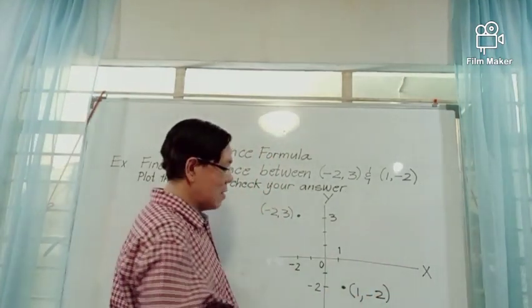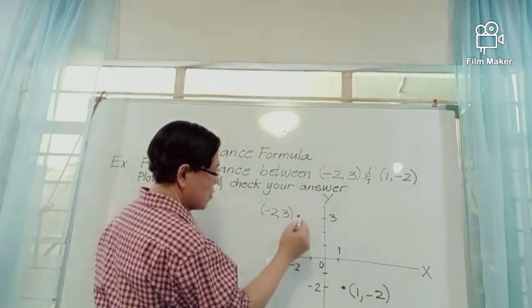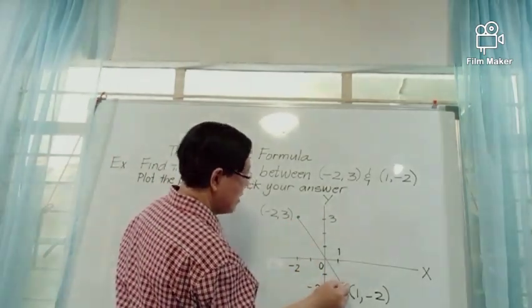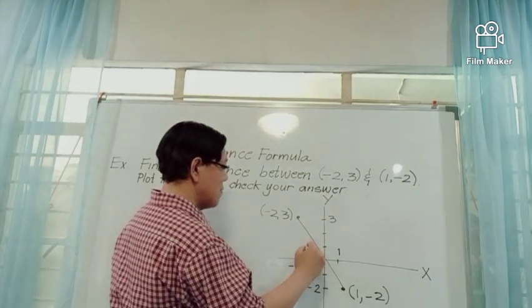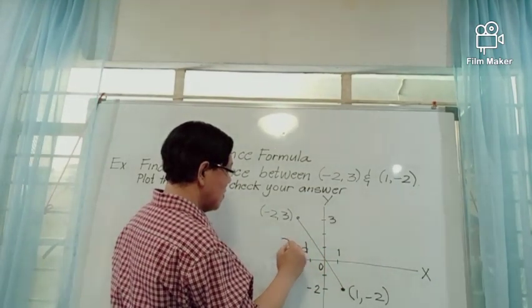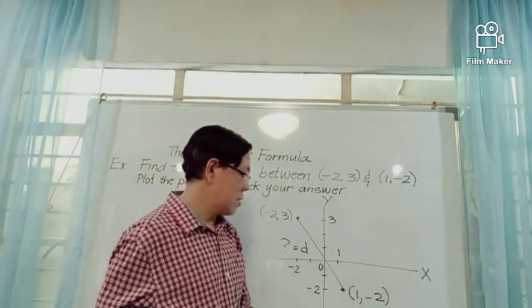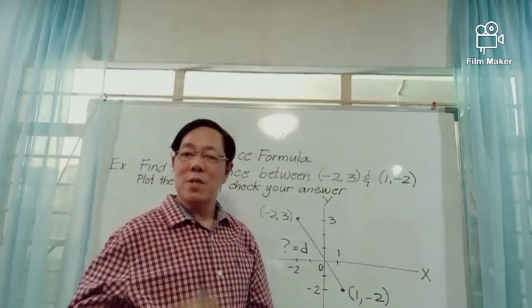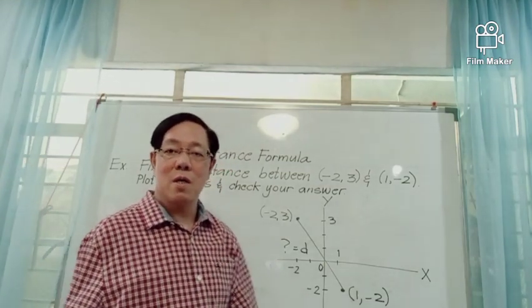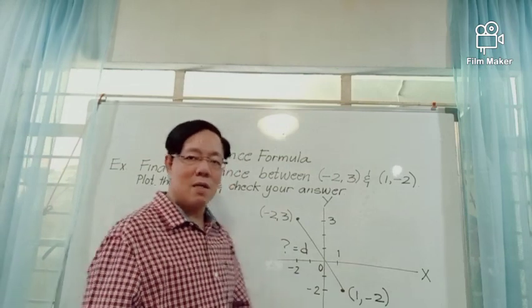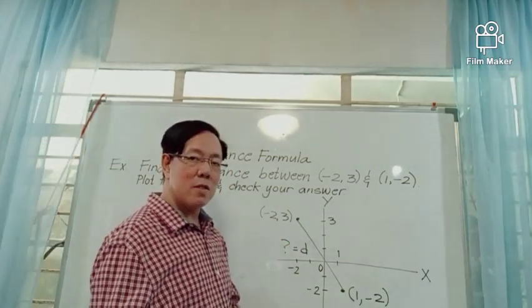And we want the distance between these 2 given points. We connect them with this straight line. And we find the distance between these 2 points. As we have done when we derived the Pythagorean theorem, we construct a right triangle from these 2 points.